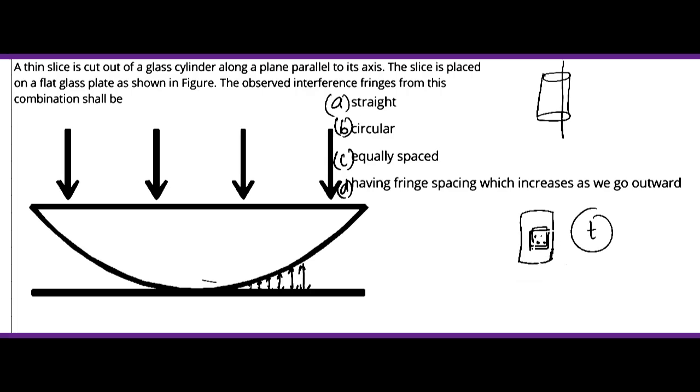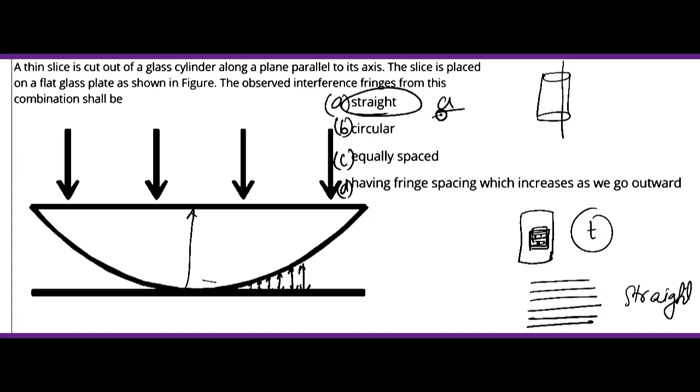The points which have the same thickness T are straight lines, correct? So when they reflect light and form fringes, they would be in the form of straight lines like this. So our correct answer would be option A, straight lines.